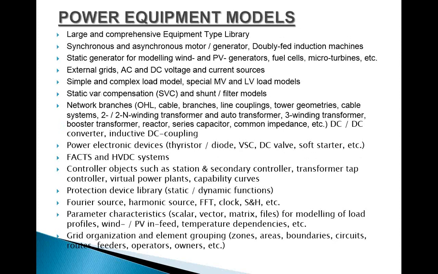In power equipment modules, we have a large and comprehensive equipment type library, with all the equipment which we need to design any network, to analyze any network, or basically to perform our power system functions.